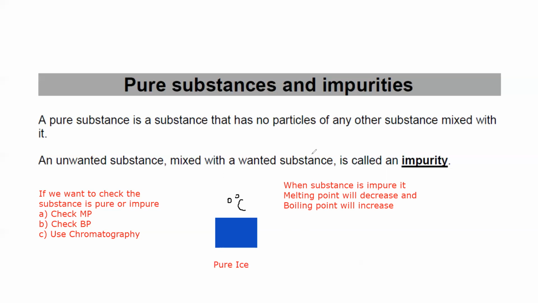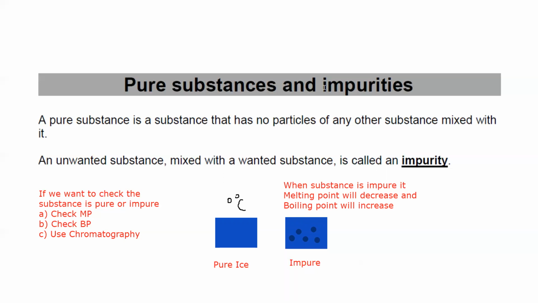But what happens if the ice is impure? Impure ice means, for example, that there are other particles as well. Example, you have ice. So this is a piece of ice which also contains impurities. These black dots are representing the impurities, the black spots. So the ice becomes impure.